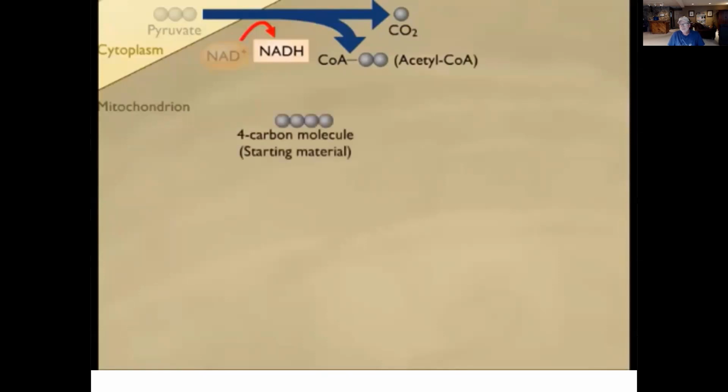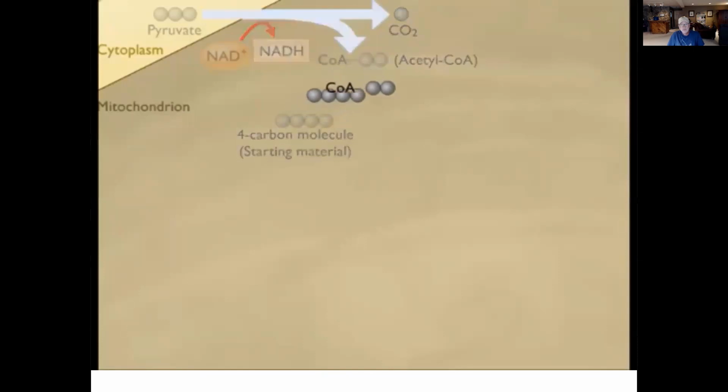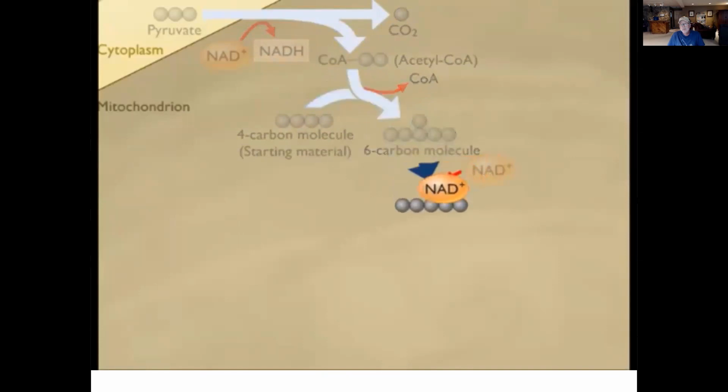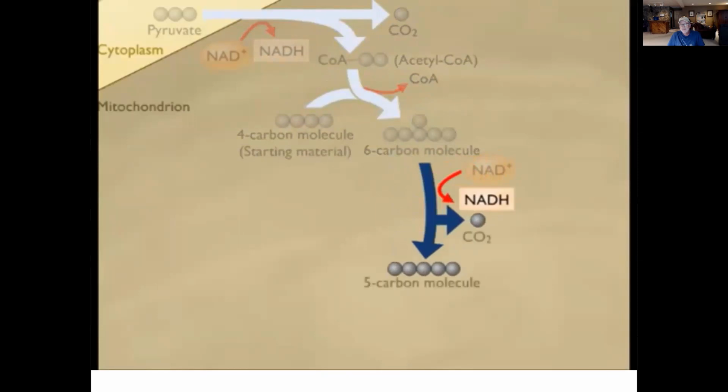The 2-carbon acetyl portion of the acetyl-CoA is transferred to a 4-carbon molecule, producing a 6-carbon compound. The CoA carrier molecule is released. Carbon dioxide is then released from the 6-carbon molecule, forming a 5-carbon compound.